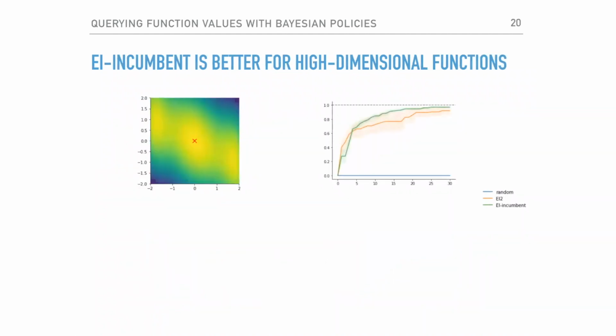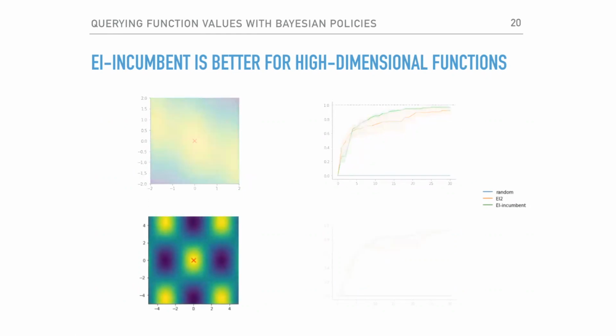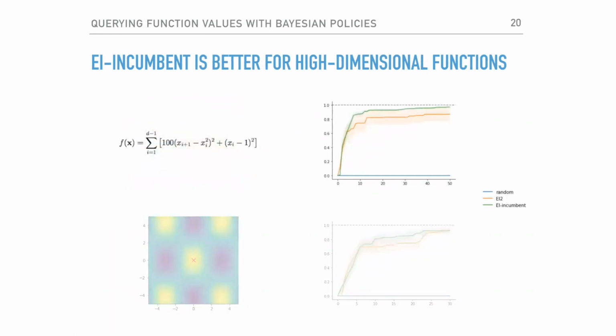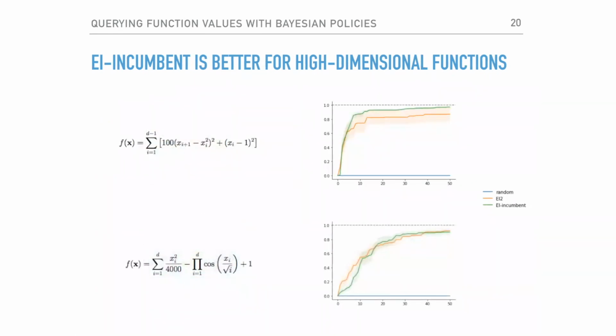However, as we move to higher dimensional objective functions, in this case, a 2-dimensional objective function, then the trend becomes a little bit more complicated, where random actually completely fails at this optimization task. It doesn't improve the gap at all. And EI incumbent takes over as the top performing policy. And the same trend continues for other higher dimensional objective functions as well.